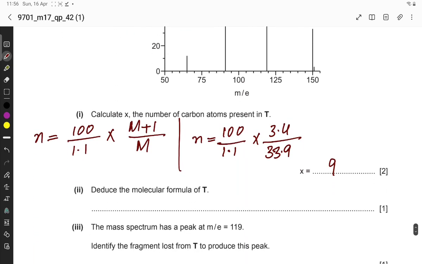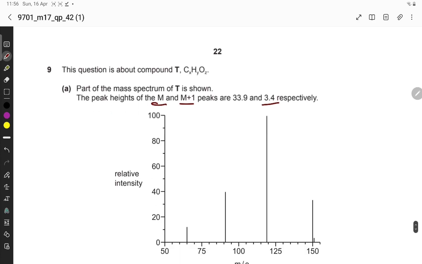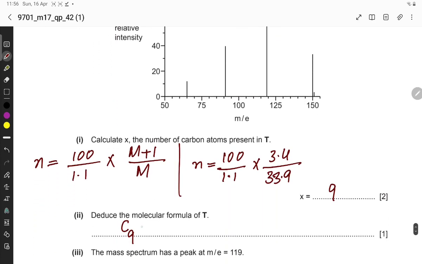So the next question is: deduce the molecular formula of T. This is C9HyOz. I have discussed earlier that the first peak is the peak of molecular mass. This peak represents the molecular mass of the compound.